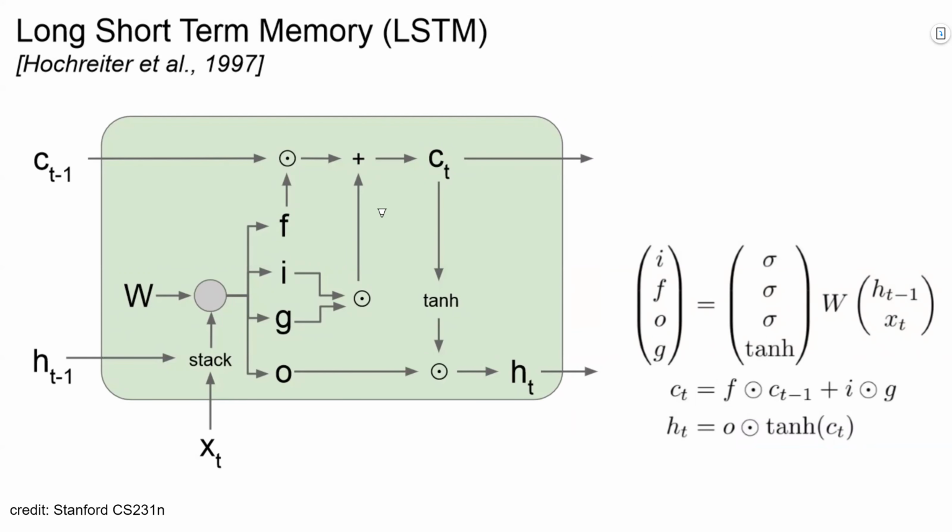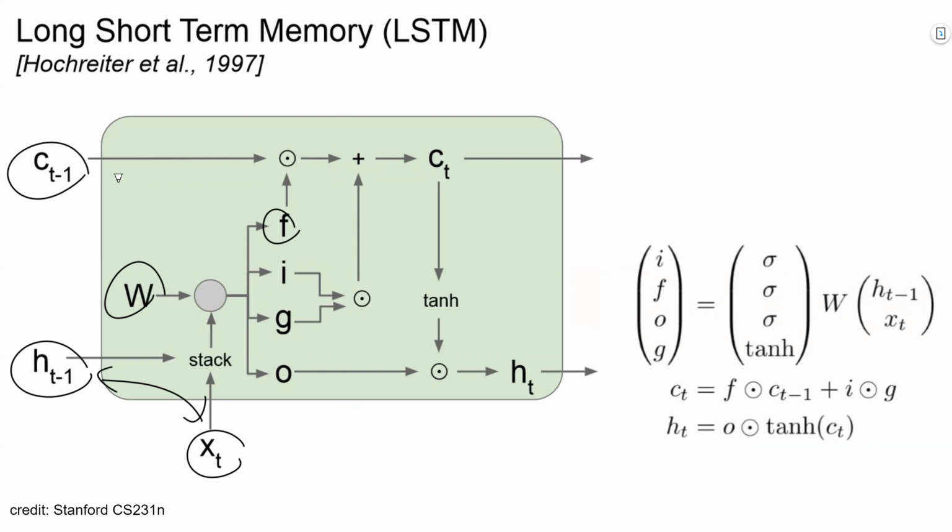All right, this is how it looks. First, we concatenate the current input and hidden state, and we multiply these concatenated values with W, and it passes through some activation functions. The forget gate gets multiplied to the previous cell state and determines which information to erase.